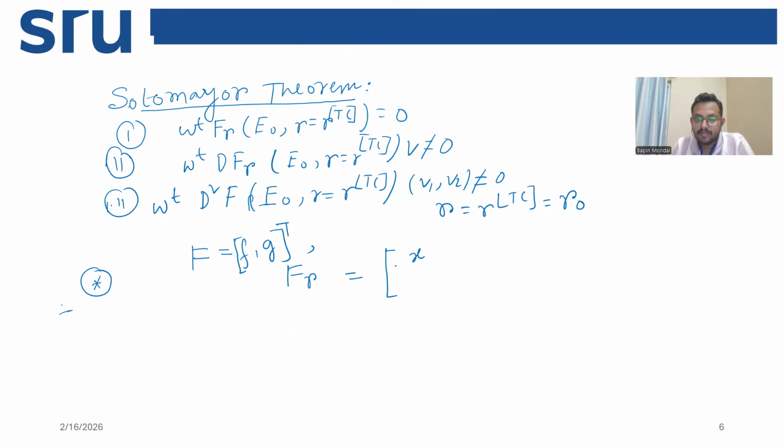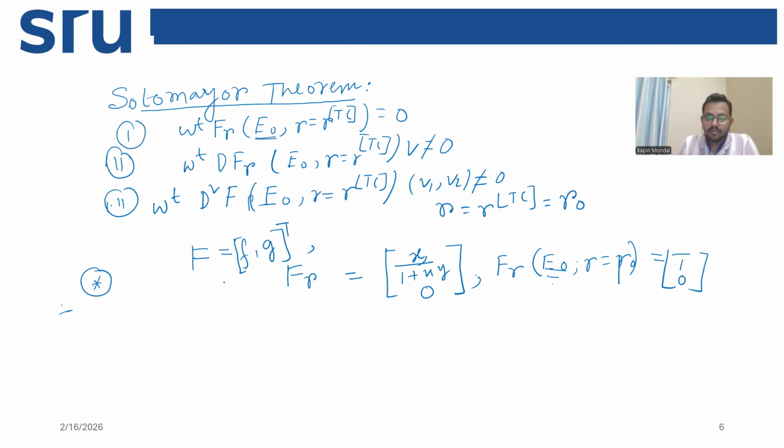So the first equation becomes x by 1 plus ky, remaining are 0. So FR is given x by 1 plus ky. Now we put the value 0, with R equals to R0 because RTC is the same. If we put E0 at this equilibrium point, x equal to 0, y equal to 0, it gives 1, 0.